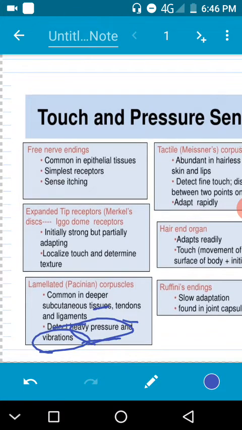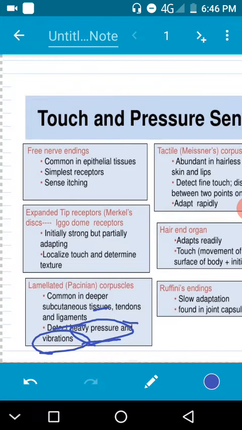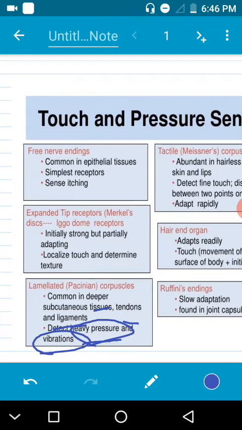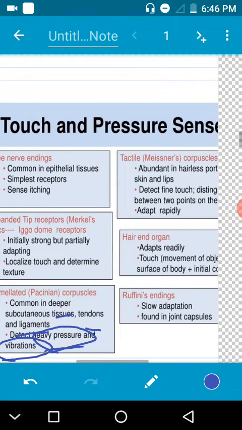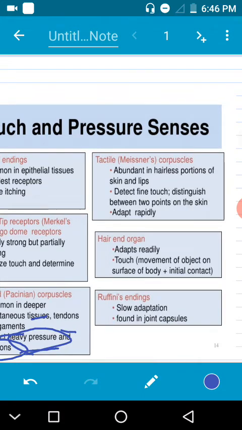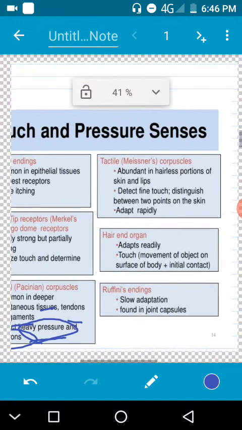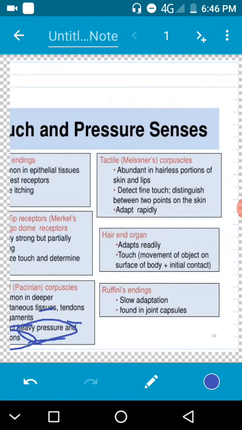Why can't a nerve ending with a very long adaptation time pick up this one? Let's consider the Meissner corpuscle, for example. The Meissner corpuscle is helpful in detecting fine touch and distinguishing between two points on the skin, and it adapts rapidly. So even here, it can pick up vibrations, but not to the extent of the Pacinian corpuscle. It can pick up vibrations, but at a smaller frequency.